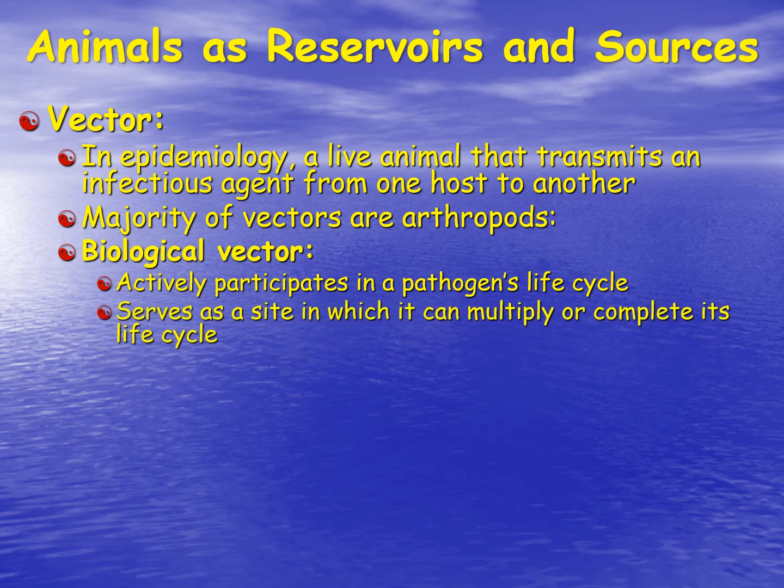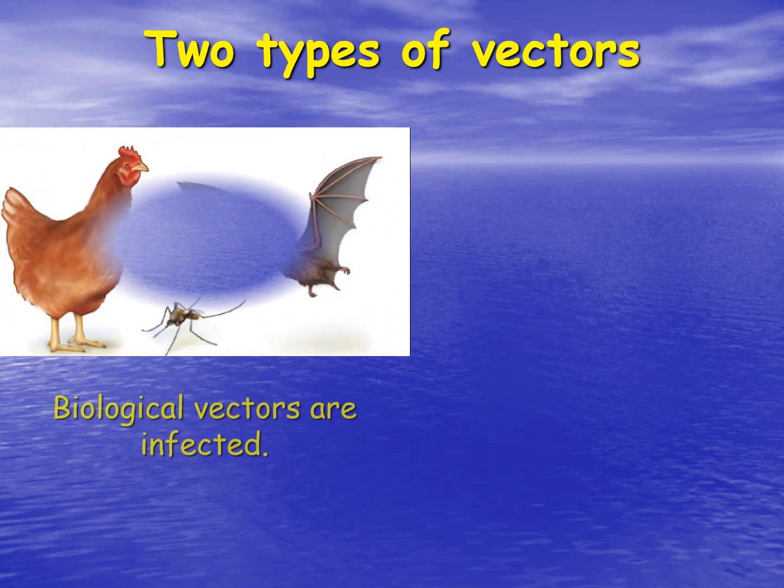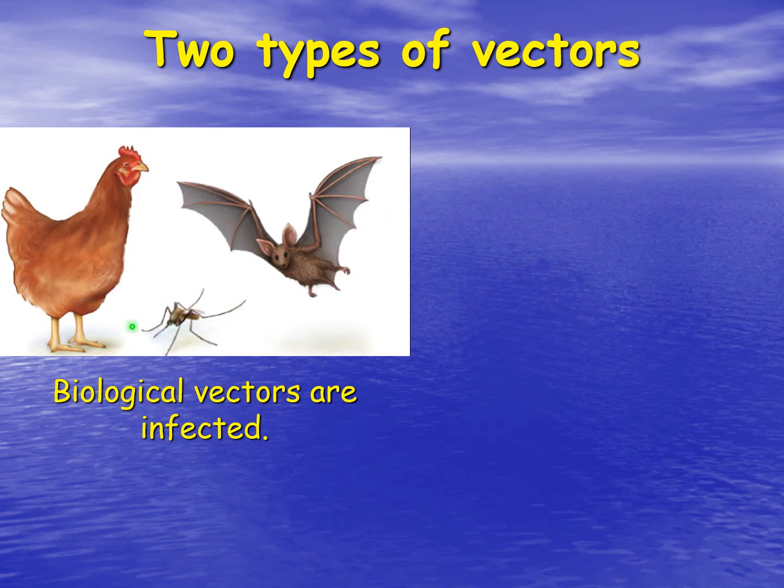So they serve as a site in which the pathogen can multiply or complete its life cycle. Mechanical vectors are not necessary to the life cycle of the infectious agent. It is simply that these vectors mechanically carry the organism from one host to another. So, for example, mosquitoes can be biological vectors, bats, chickens, others can be biological vectors.